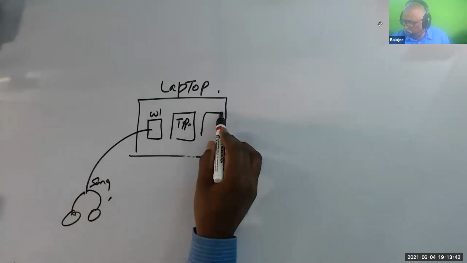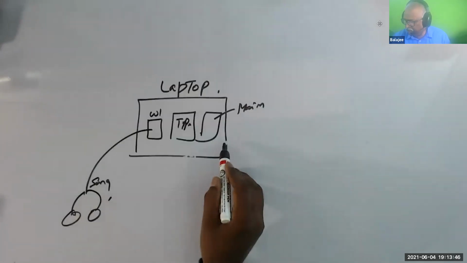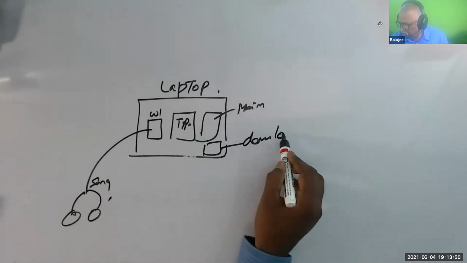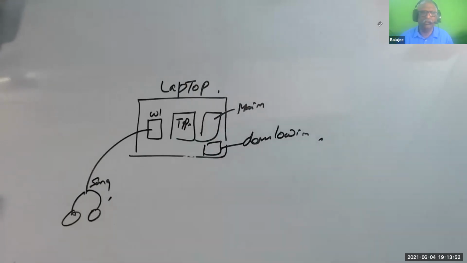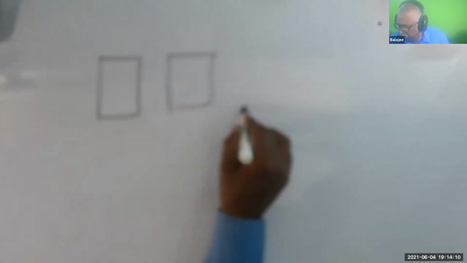In one more window, you will be having a mail. In another window, you will be downloading something. Understand? You will be doing multiple processes, multiple activities in a single laptop. Am I right? But you have only one CPU. So you have, let's say, 4 activities.